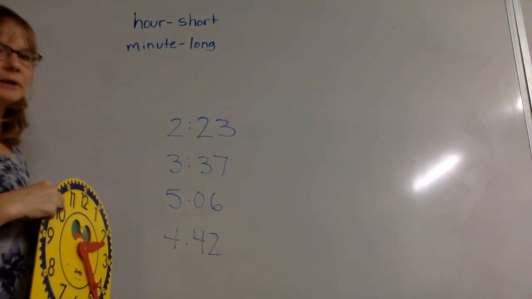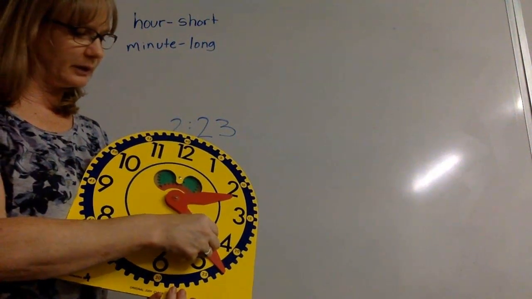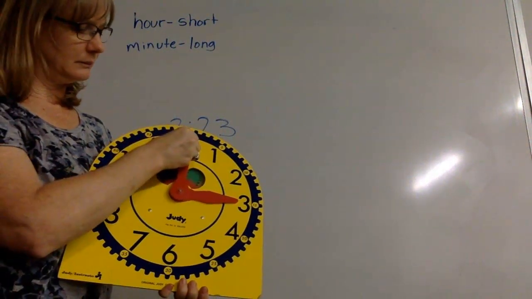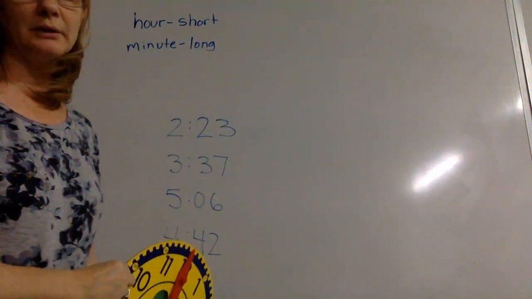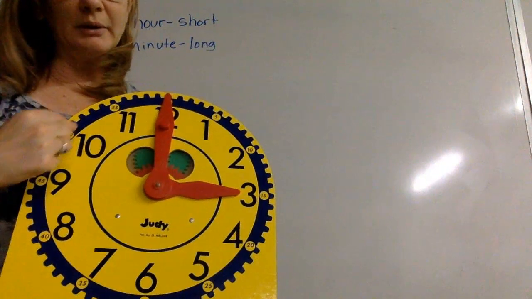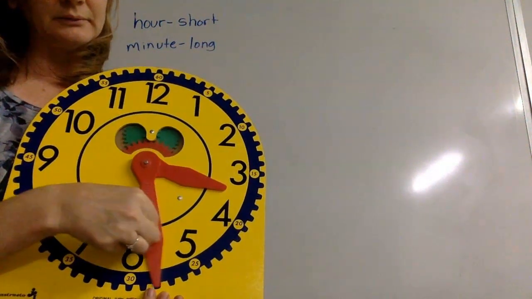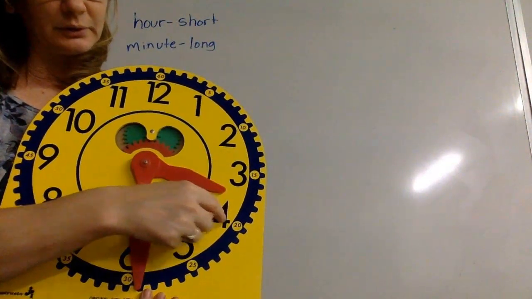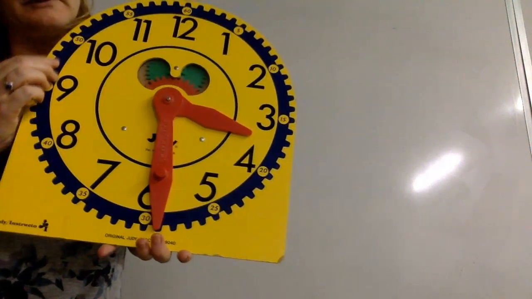Let's try the next one. It says 3:37. So I'm going to 3 o'clock to get my hour hand right. There we go. 3:37. I'm going to jump all the way to 3:30. Now notice my hour hand moved halfway between the 3 and the 4.